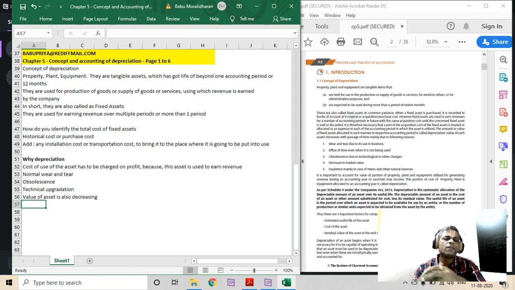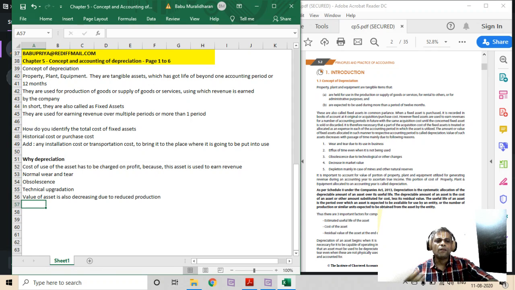These are some of the reasons why an asset can reduce in value: normal wear and tear, the product becoming obsolete due to upgradation in technology, and reduction in value due to reduced production.